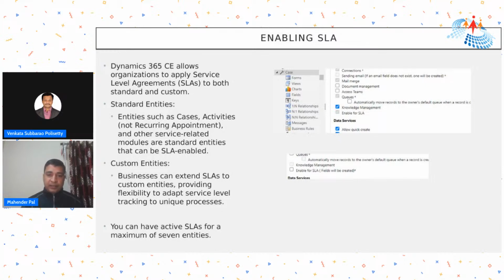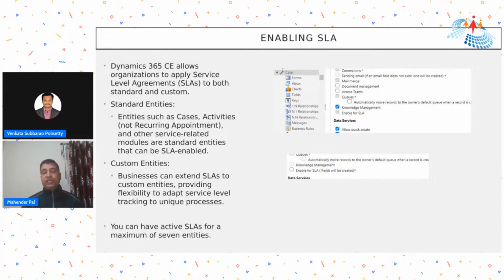This is an example of another entity where we don't have this enabled yet. You can see there is a checkbox saying enable for SLA. This is a custom entity, and you see here it says that fields will be created.